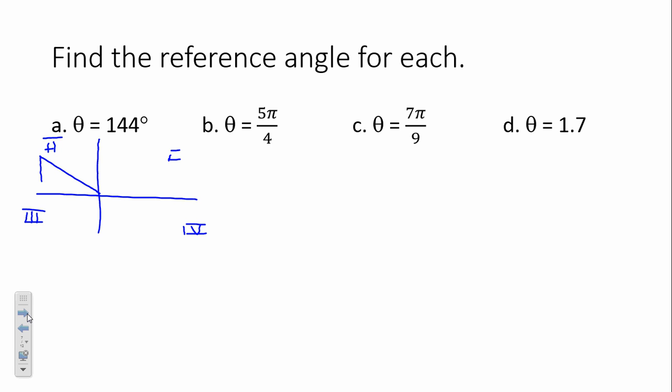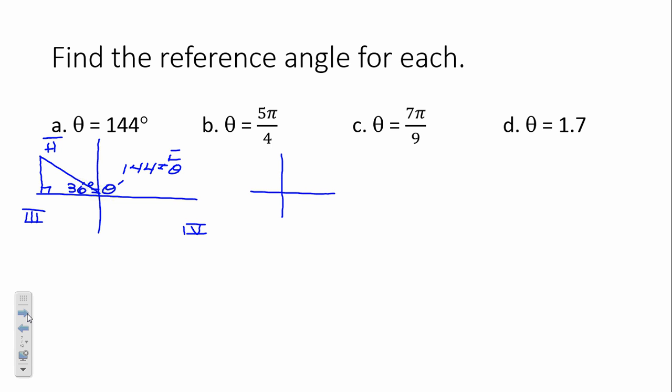Something like that. So am I going to add it to 180 or subtract it from 180? Subtract from 180. 180 minus 144 is 36, that's your theta prime. And the 144 was your theta. Reference angle 36.